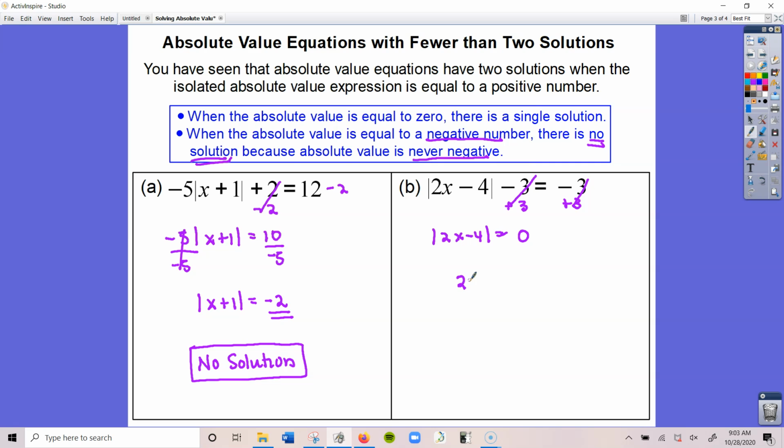So when you remove the absolute value of 2x minus 4, we only have one equation, because I can't separate into a negative 0. So 2x minus 4 is equal to 0, and then we just solve for x. So I would add the 4. So 2x is equal to 4, and then divide by 2. So x is equal to 2, and this would be my one solution.